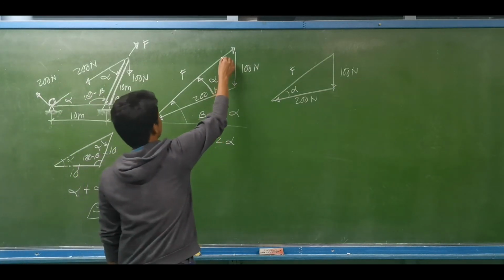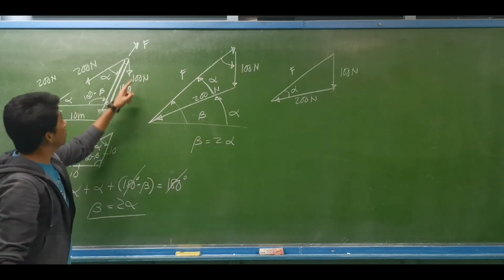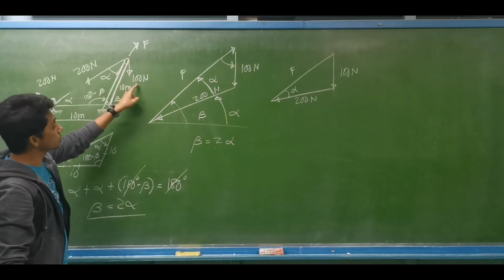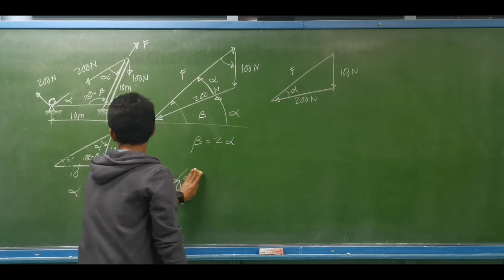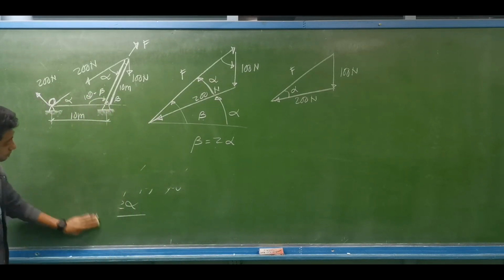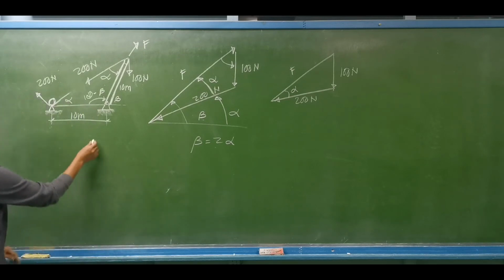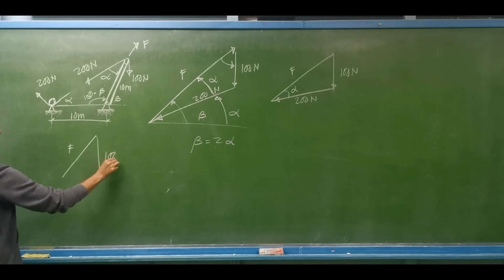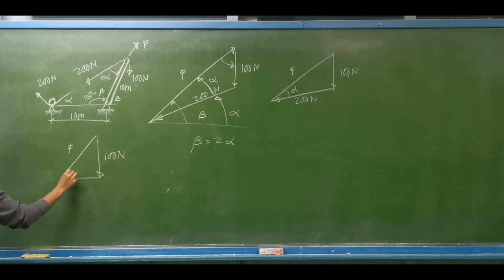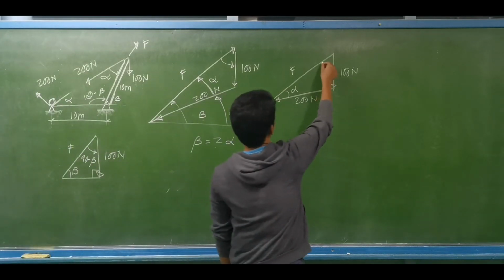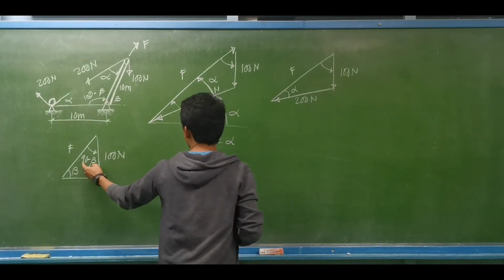So what is this angle? That's the angle between the force and the 100 newtons. When we have the direction of the boom, and this is the 100 newton downward, this angle is beta, which means this is 90 degrees, so this angle is 90 minus beta.